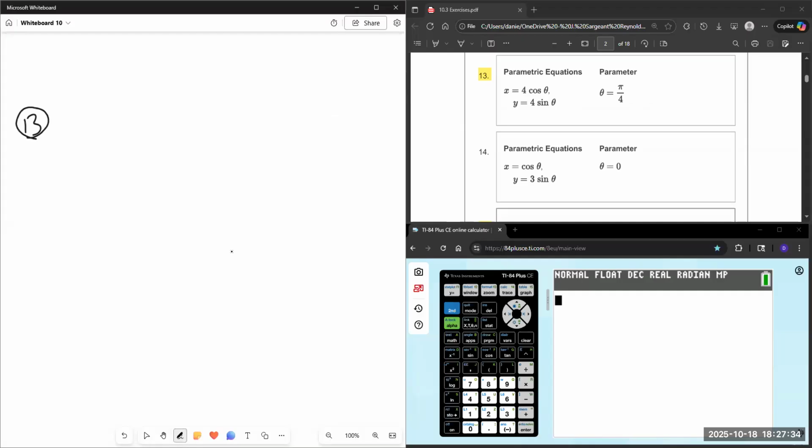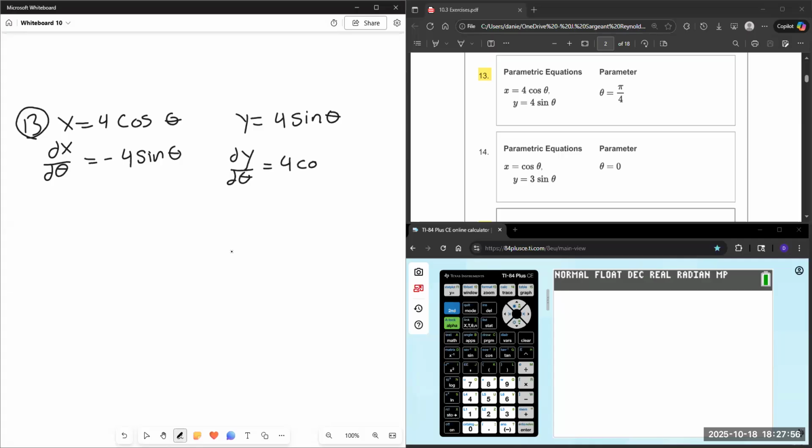Thirteen says that x is equal to 4 cosine of theta, y is equal to 4 sine of theta. So our parameter here is theta, which doesn't really change anything. dx d theta is negative 4 sine of theta, dy d theta is 4 cosine of theta, so dy/dx is 4 cosine theta over negative 4 sine theta.